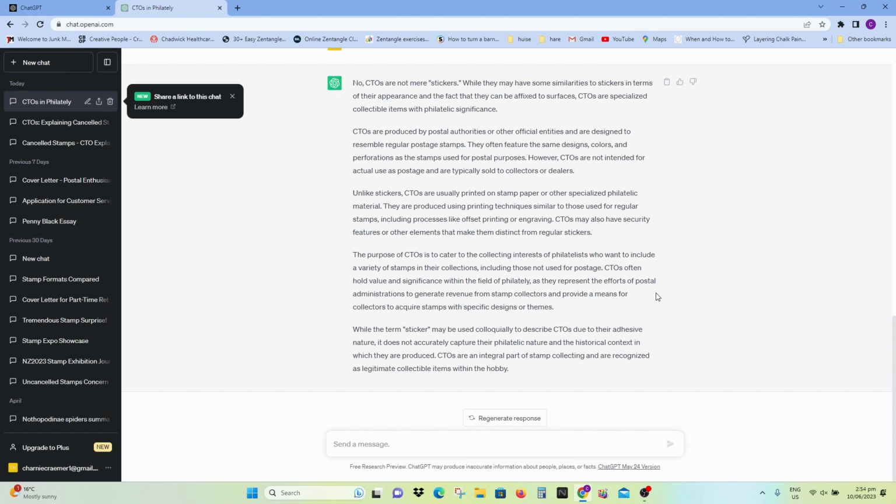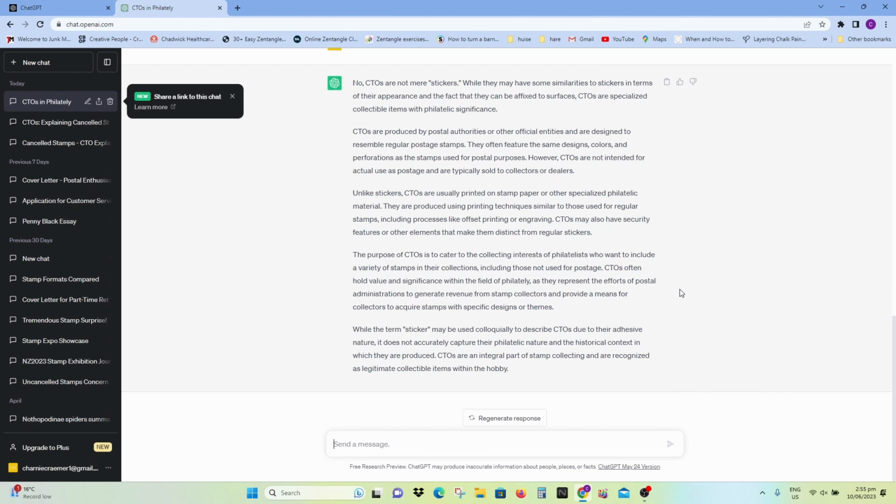While the term sticker may be used colloquially to describe CTOs due to their adhesive nature, it does not accurately capture their philatelic nature and the historical context in which they are produced. CTOs are an integral part of stamp collecting and are recognized as legitimate collectible items within the hobby.